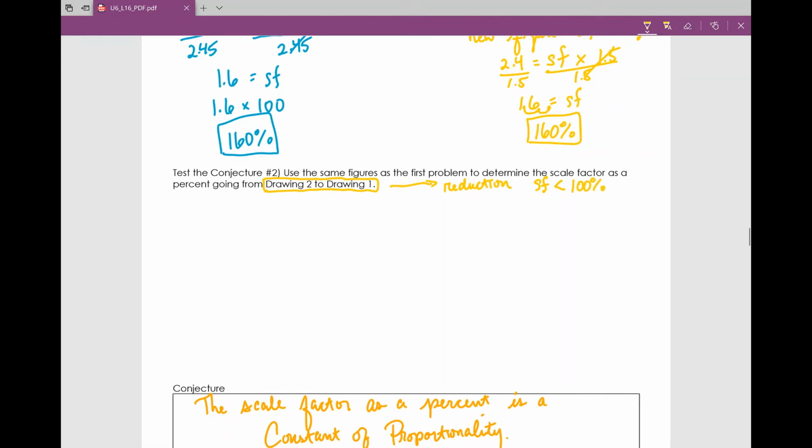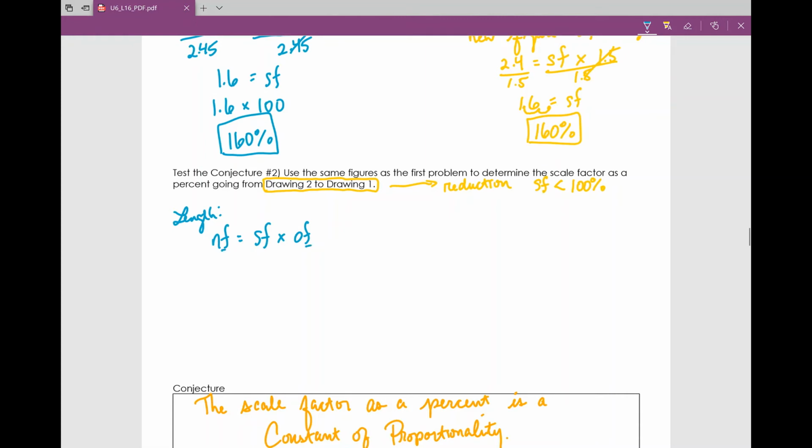Now I'm going to change back to my blue for the length. We still have our same formula: the new figure, I'm going to abbreviate, equals the scale factor times the original figure. And F just stands for figure.